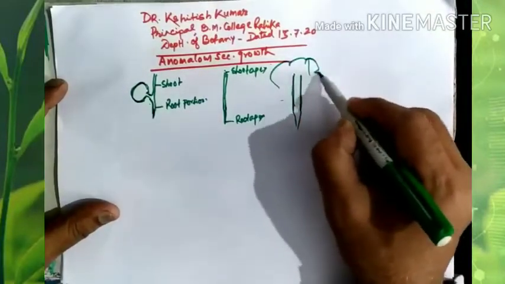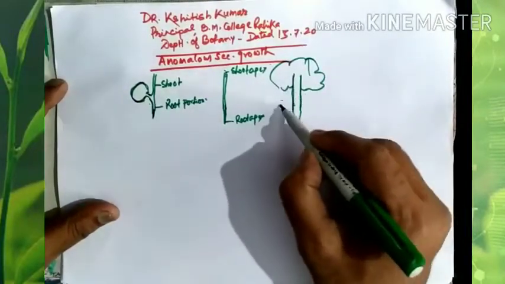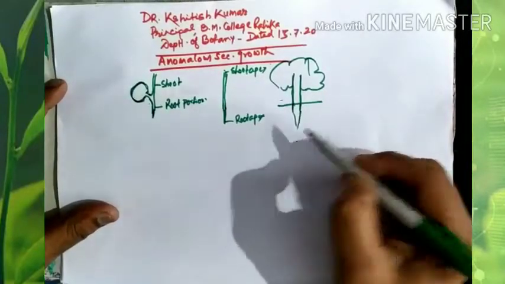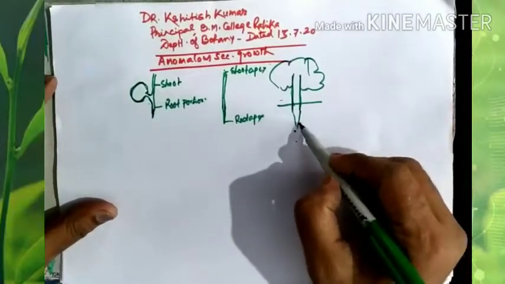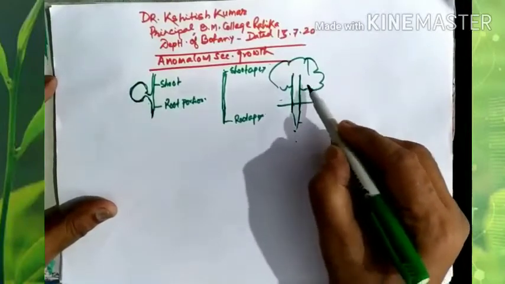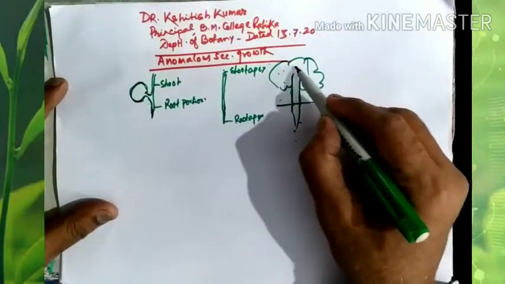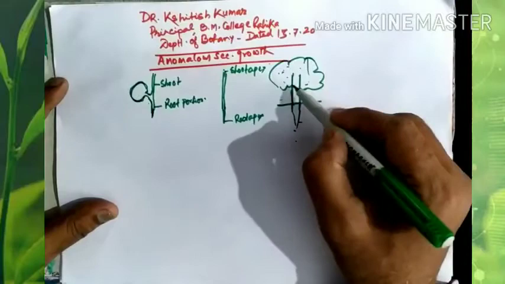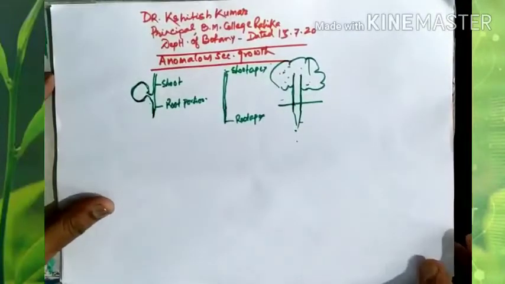So this is the whole plant. This is inside the earth, that is the root portion, that is the stem, and this is the upper portion, that is of leaf, etc.